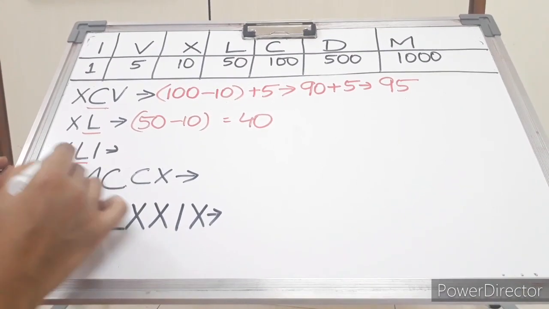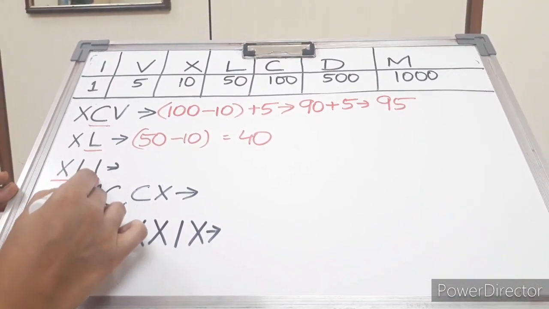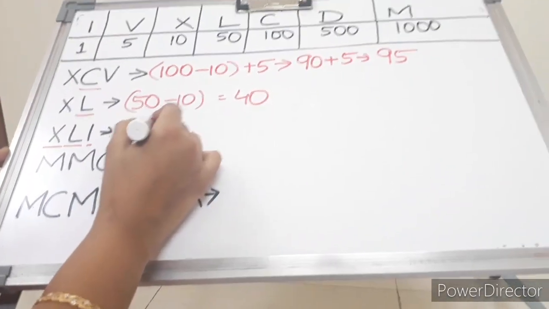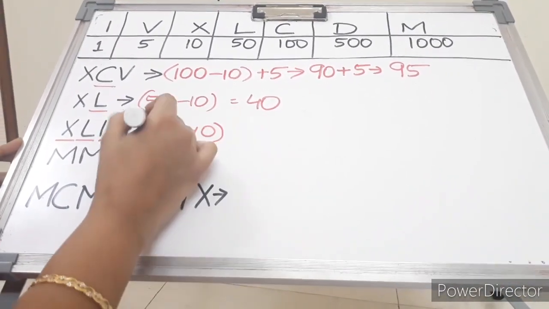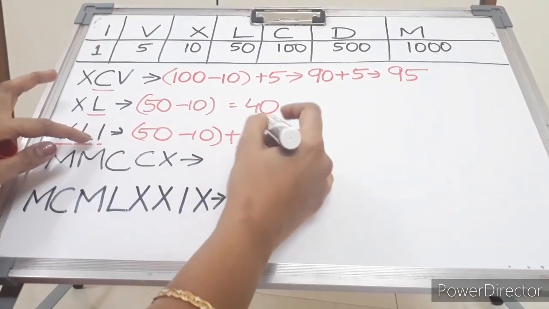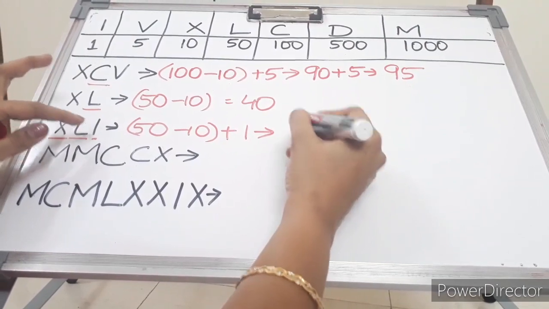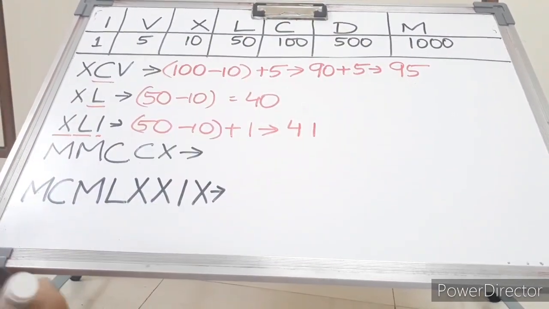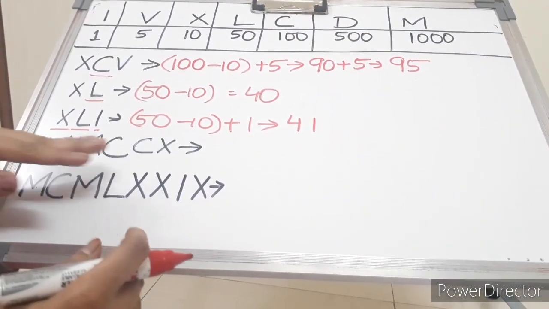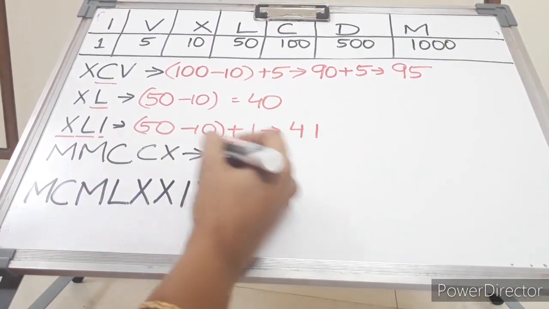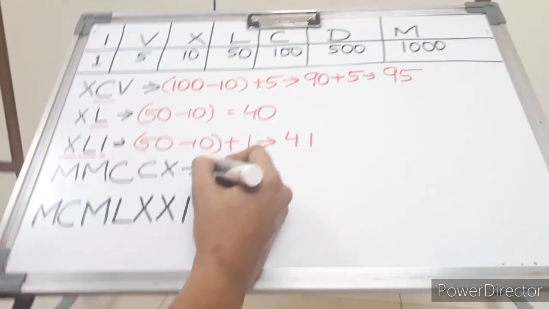This is 50, this is minus 10, and again here the smaller value is right to the greater value. So we will start here 50 minus 10 plus, right side is the smaller value, means it is add. So answer will be what? 41.